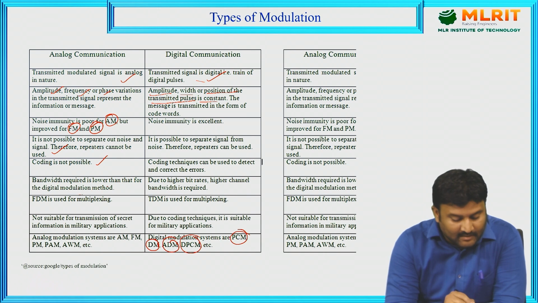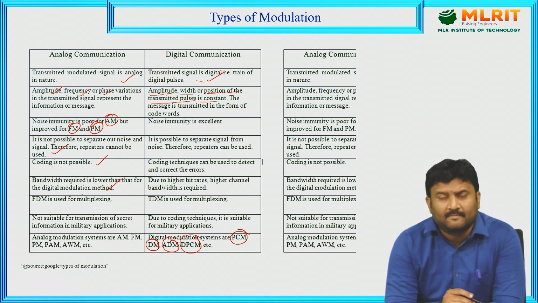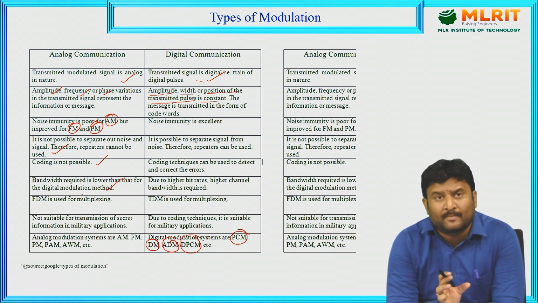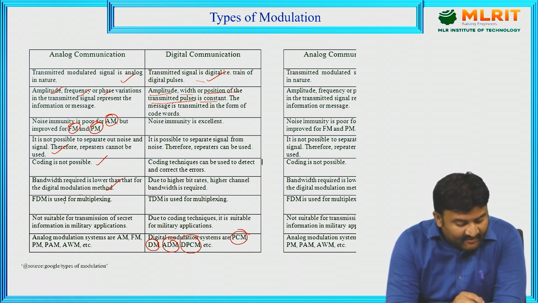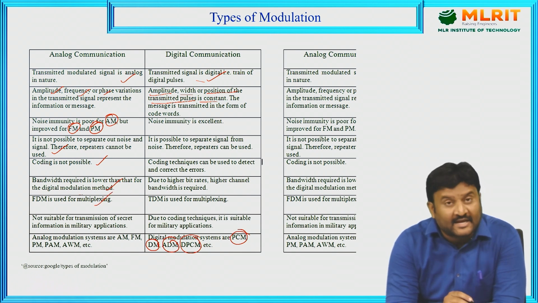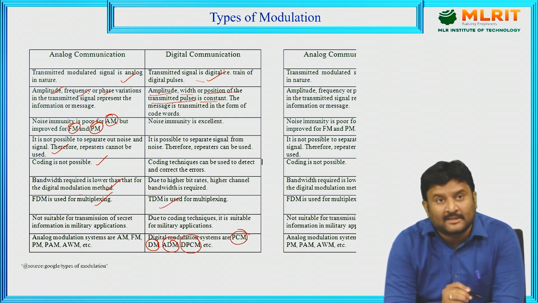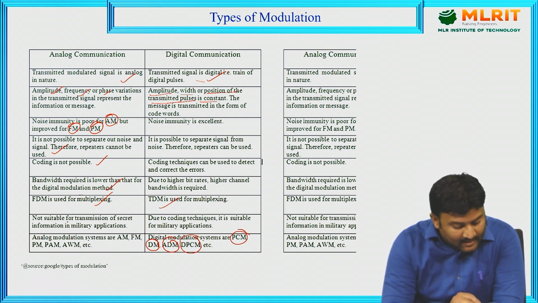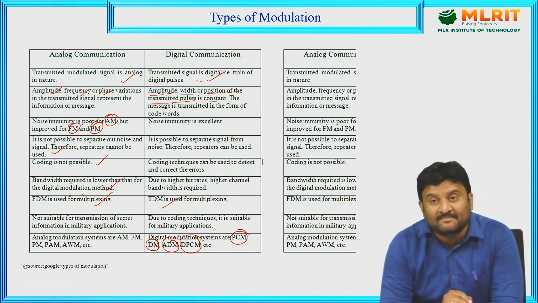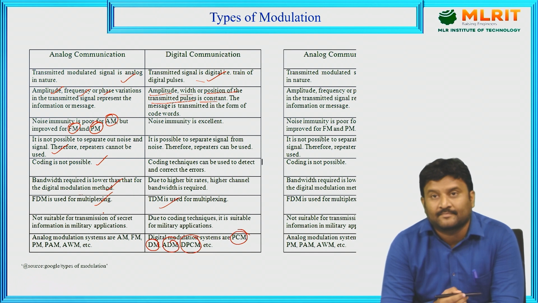It is based on the frequency. It is continuous, therefore complex to measure or maintain the bandwidth. Here, FDM is used for multiplexing in analog modulation or analog communication, while TDM is used for multiplexing in digital. Next, analog is not suitable for transmission of secret information in military applications because decrypting the information from the transmitter at the receiver is a little complex in analog communication and analog modulation.